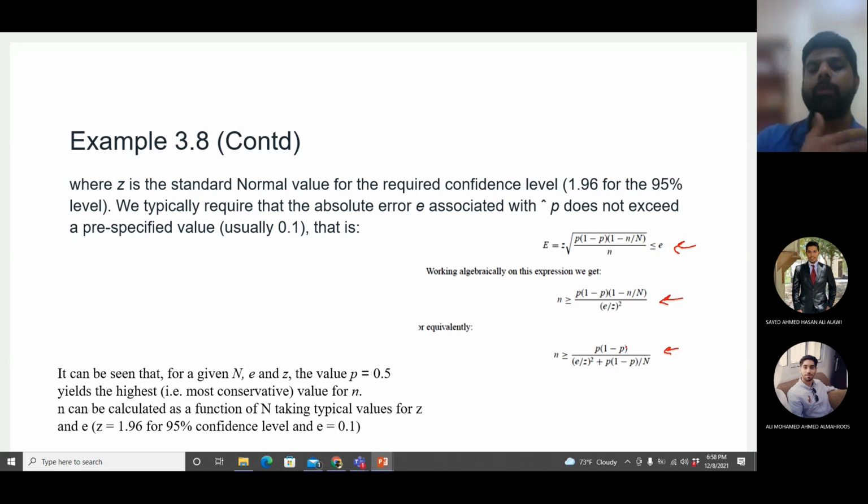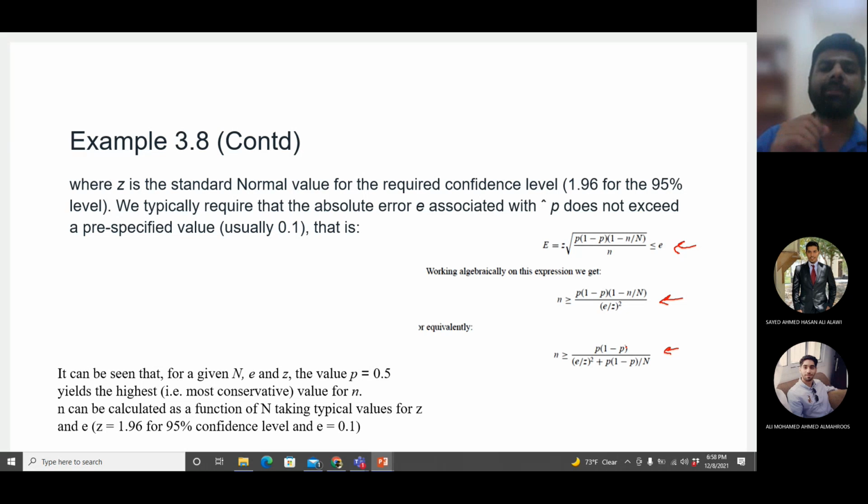So when there is an equal chance of a traveler to be in one zone and not in the other zone, you will get the maximum number of samples.